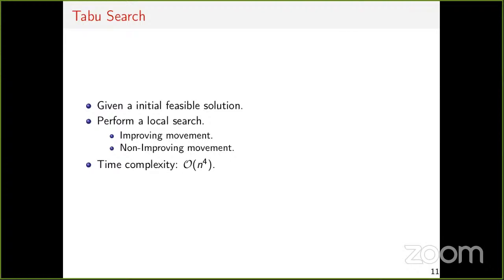This non-improving movement is necessary to the algorithm because it allows the search to keep running even after finding a local optimum solution. The time complexity for this heuristic is O of n to the 4th.